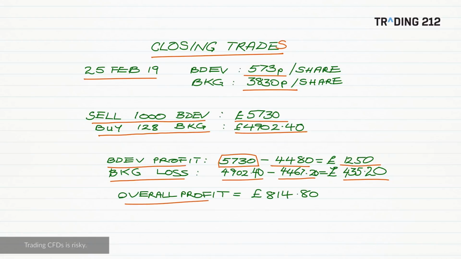So our overall profit would be this profit minus this loss, which gives you a profit of £814.80. Of course, this is ignoring all costs involved.